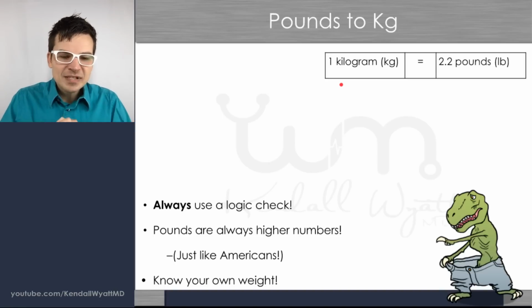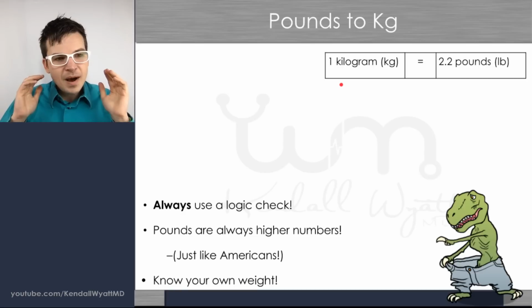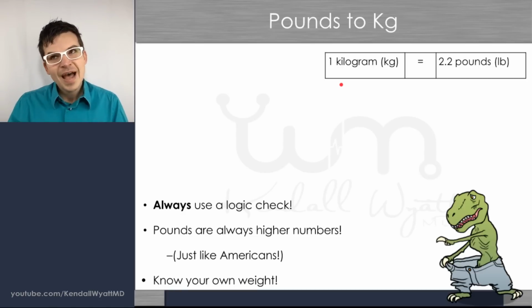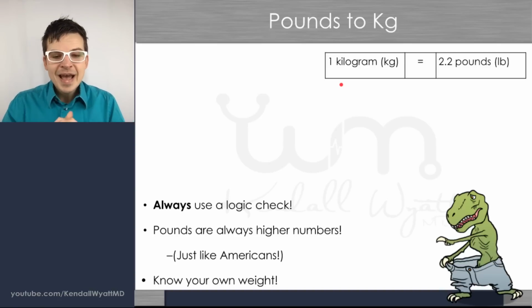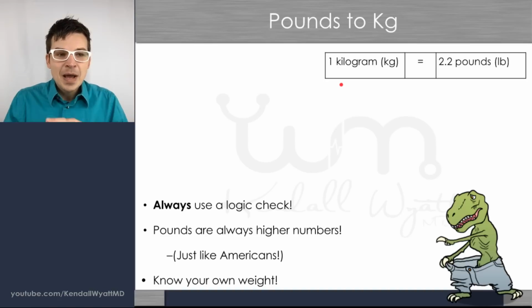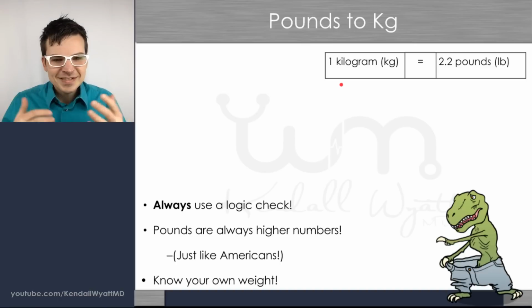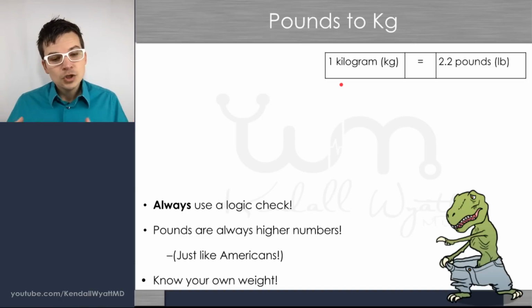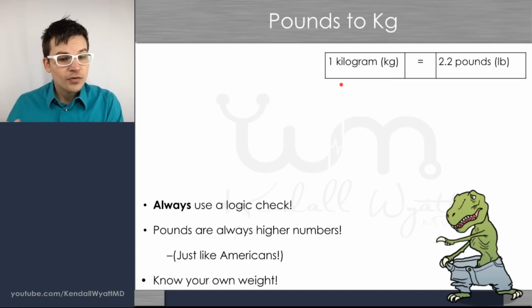It's kind of crude, but I remember that the pounds numbers are always higher. How do I remember that? Well, pounds are what we use here in America, and which one's always bigger if we were measuring weights? Americans, right? Of course, exactly. So remember that pounds are bigger. So the number that you're getting should be larger if you're converting from kilograms to pounds.